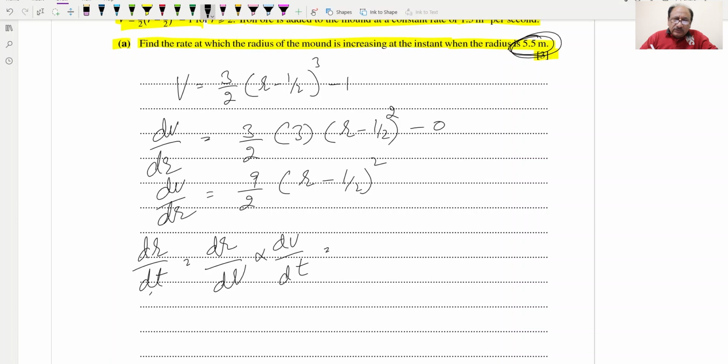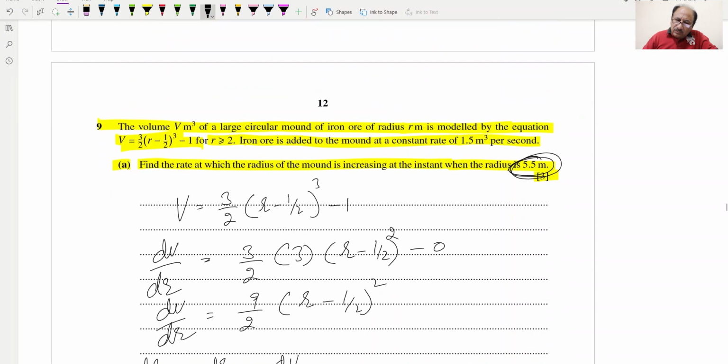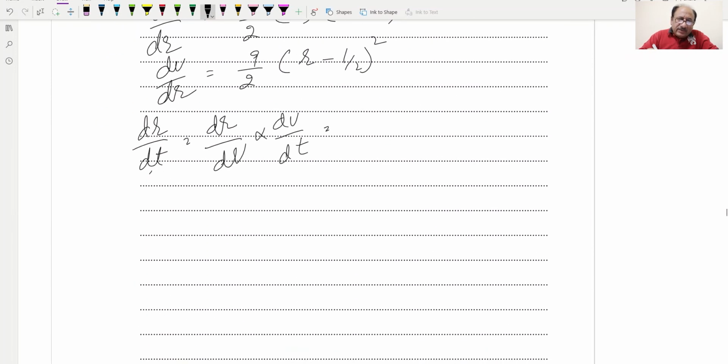Basically this is a constant rate, this is the rate. So 1.5 will be the rate at which it is changing. So 1.5 over, we can write this.